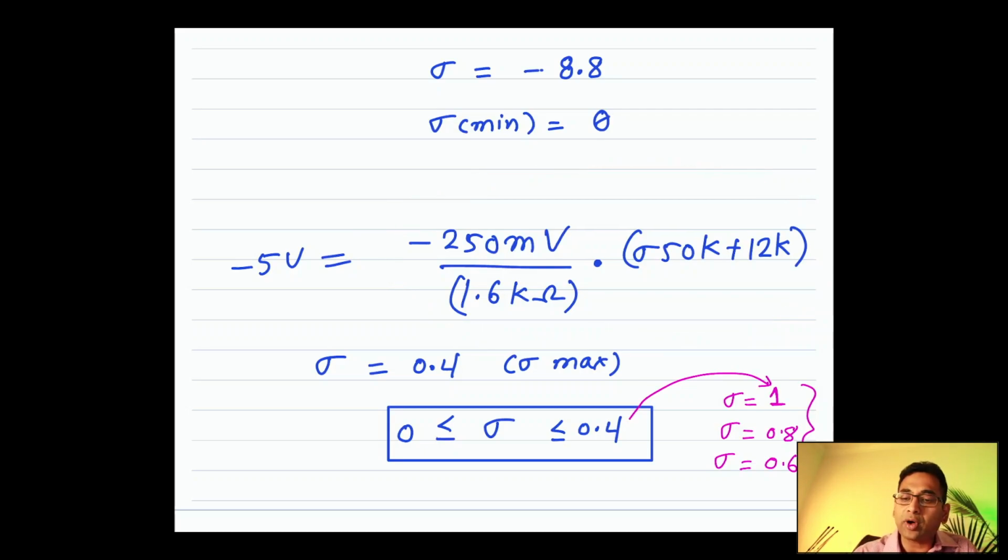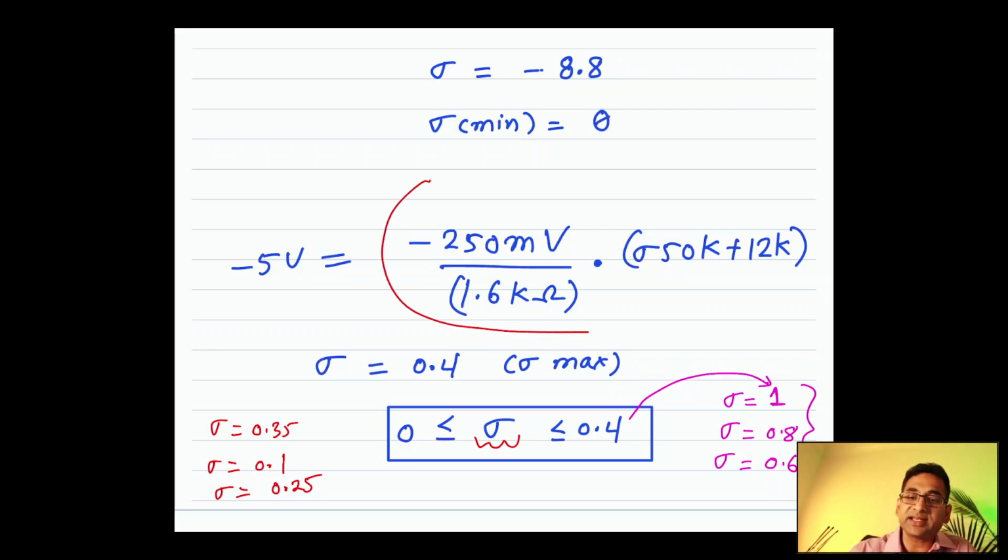Pick any value, sigma equals 0.35, 0.1, or 0.25, any value within this range, and plug it into this expression here. You will see that the op amp will not saturate. The output of the op amp will lie in between plus VCC and negative VCC.